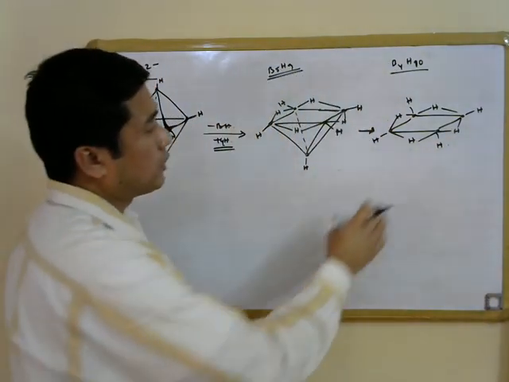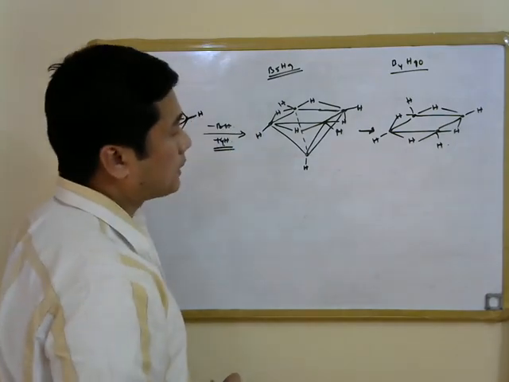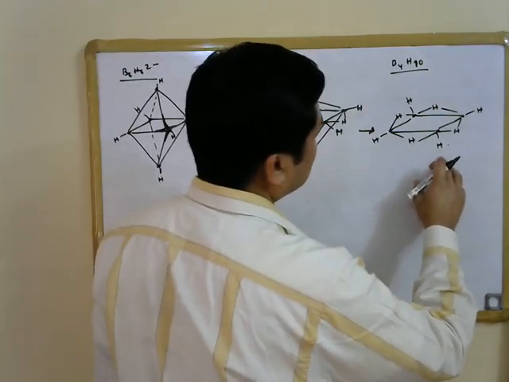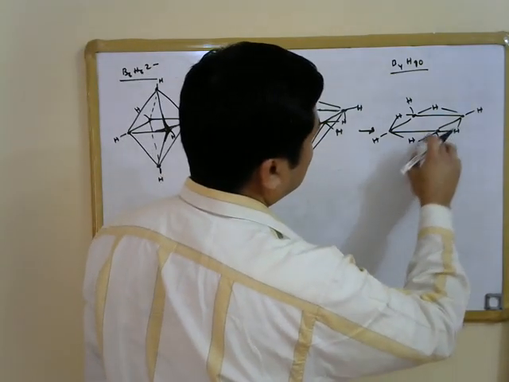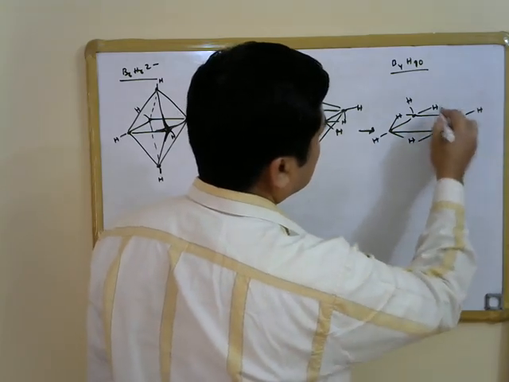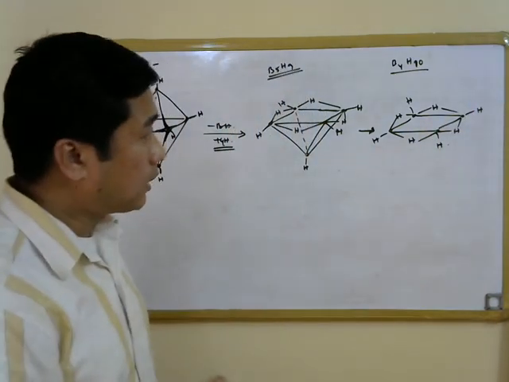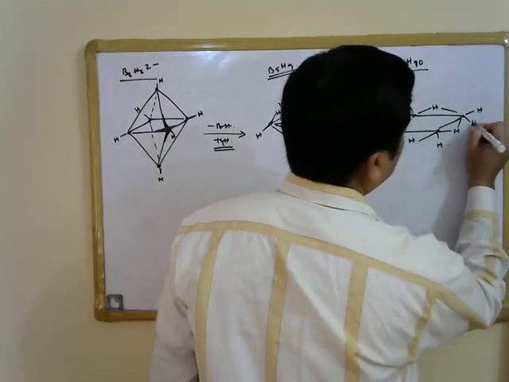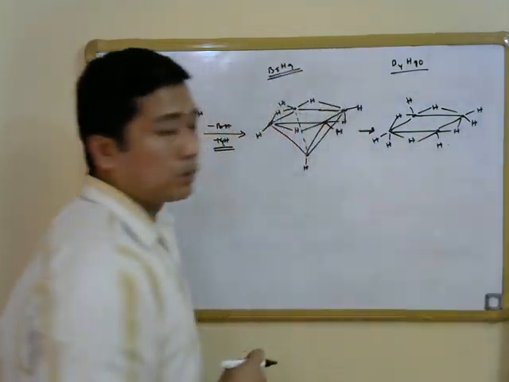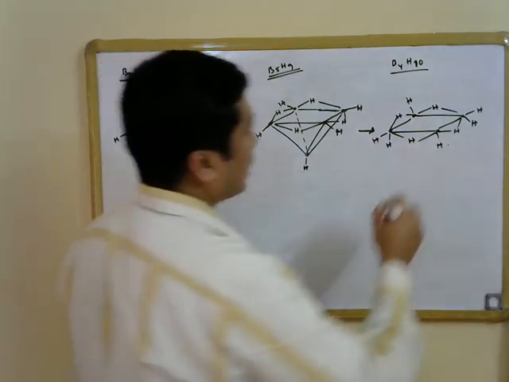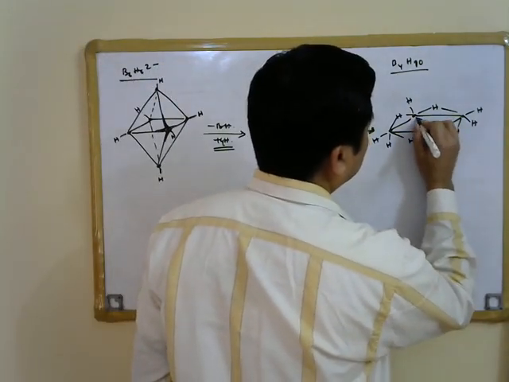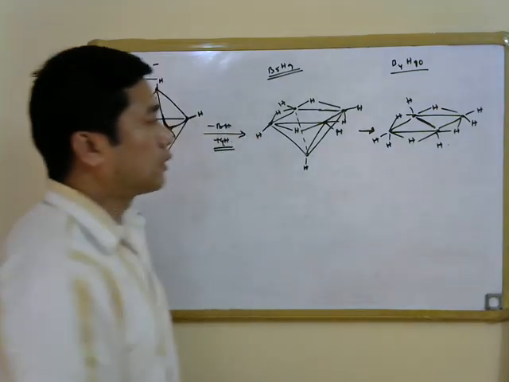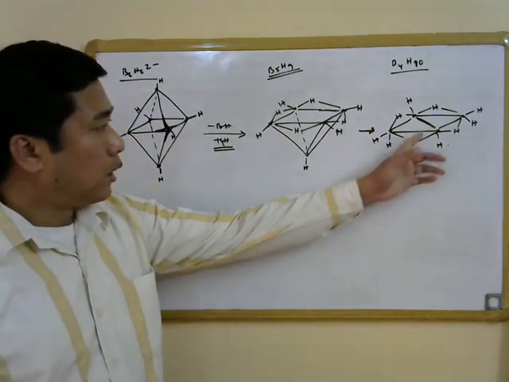But then if we count the number of hydrogen atoms, what we see here is 3, 4, 5, 6, 7, 8, total 8 hydrogens. We still need to add 2 more hydrogen atoms, and these 2 hydrogen atoms are going to be present as BH2 hydrogen atoms on the other 2 boron atoms, or there will be a B-B linkage between the other 2 boron atoms.